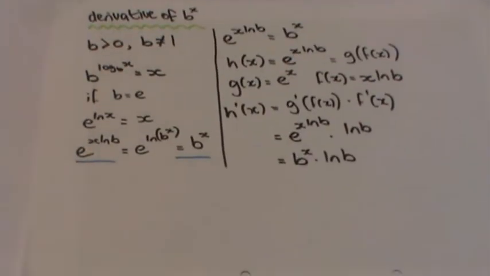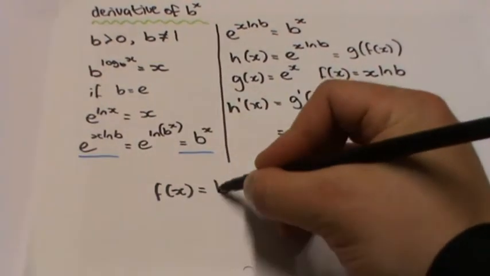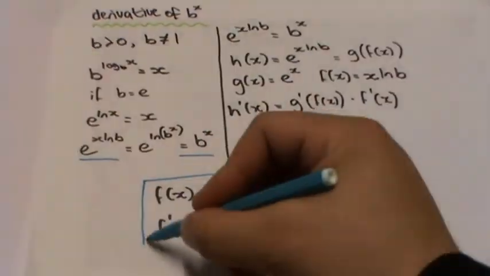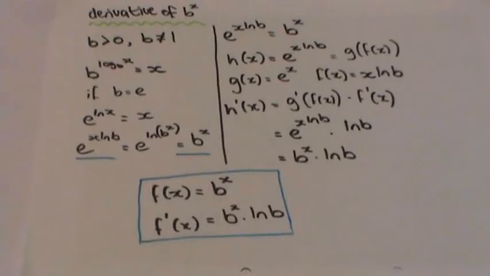We've already said that e to the power x log b is b to the power x, so we can write that the differential of b to the power x is b to the power x times the natural logarithm of b, where b is some constant value which is positive and not equal to 1.